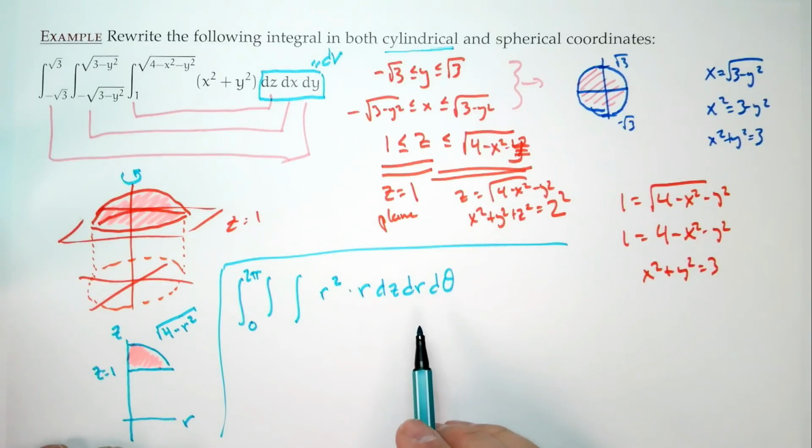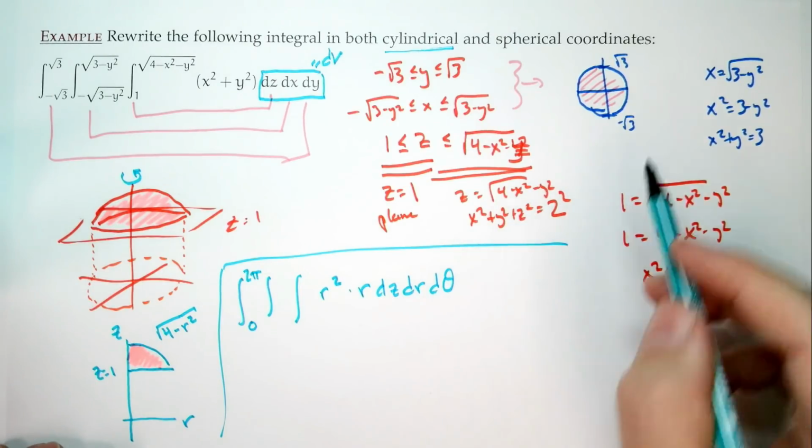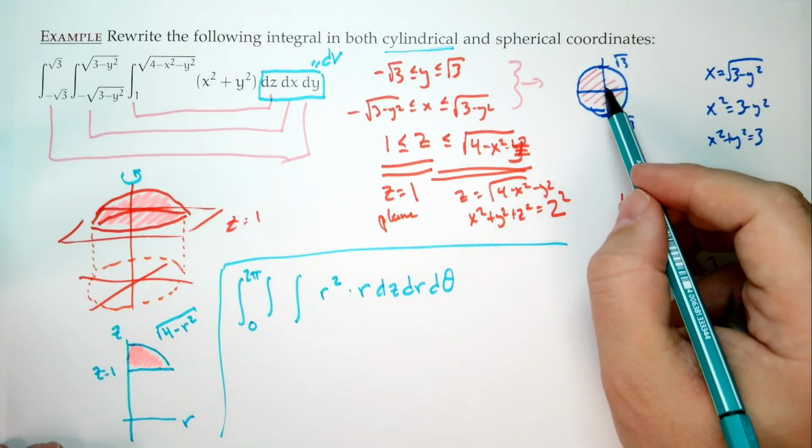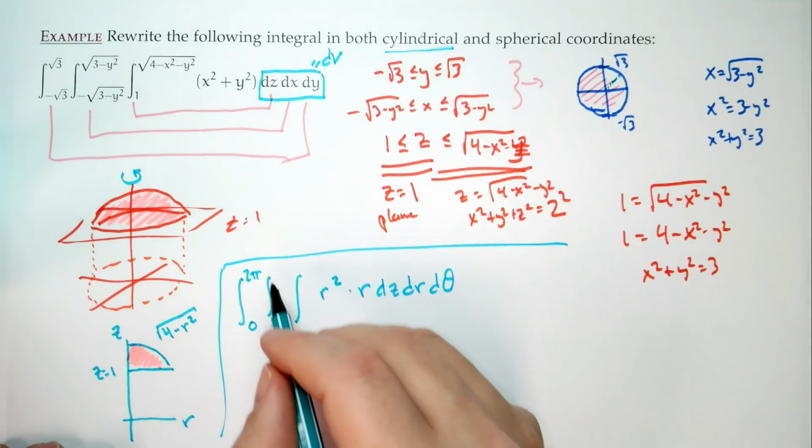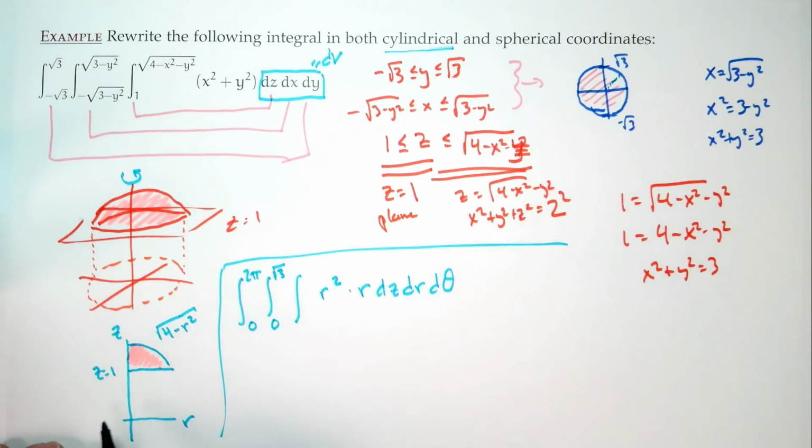How about r? We can see it from this picture: that's how far out we go, from 0 to root 3. In terms of this picture, when does z equals 1 intersect z equals the square root of 4 minus r squared? We need 4 minus r squared to be 1, which happens when r squared equals 3.